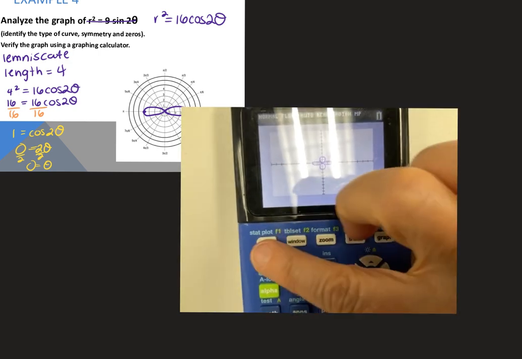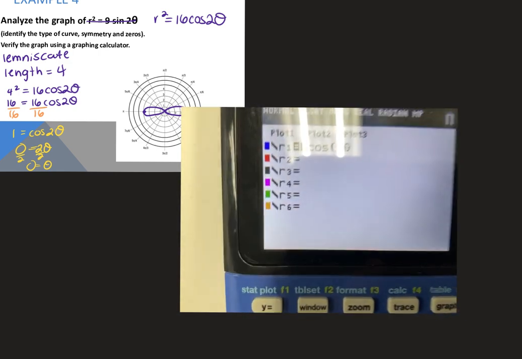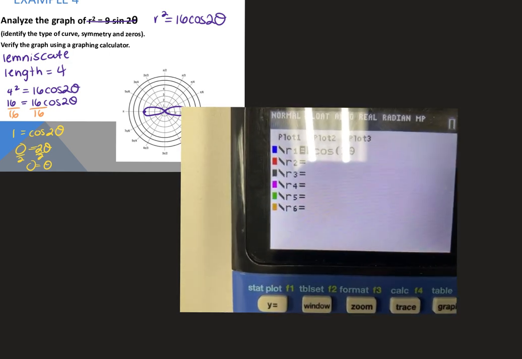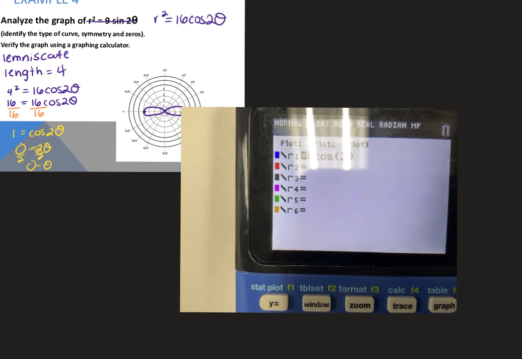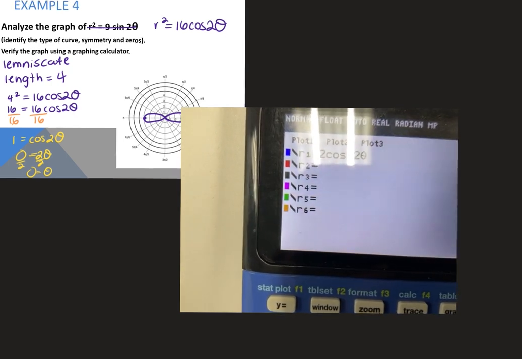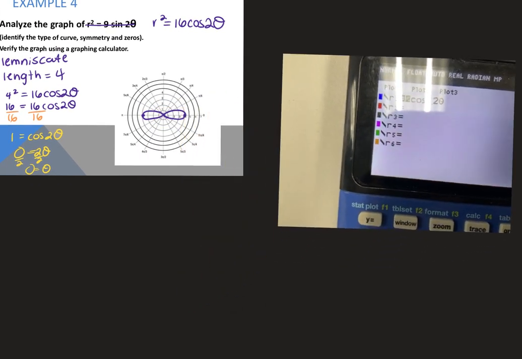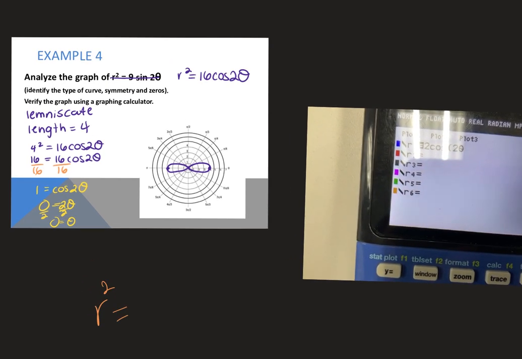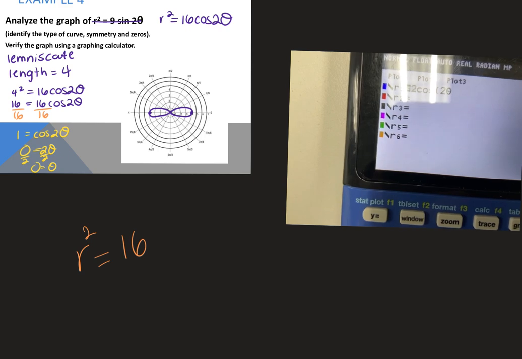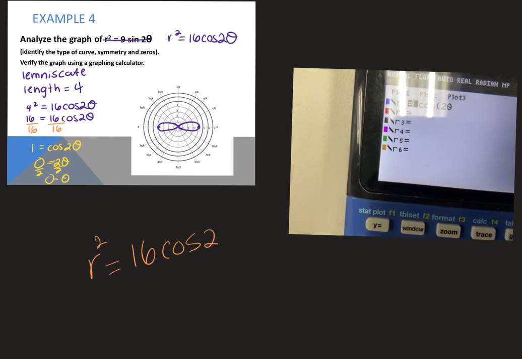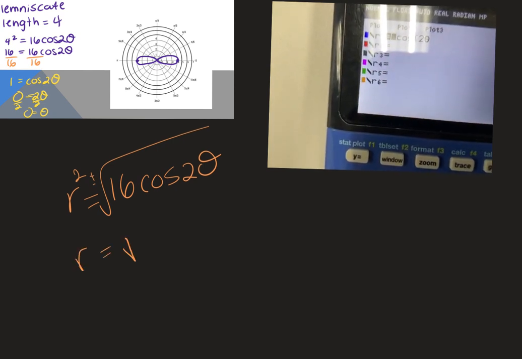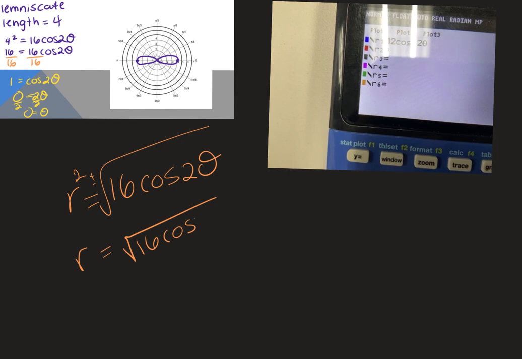Okay, so now think about if I wanted to do a lemniscate. If it says r equals there, and my lemniscate is r squared, how could I type that in? What would you have to do? I'd have to square root, and when I square root, I'd have to do plus and minus. So under r1, I'm going to get positive square root of 16 cosine 2 theta.